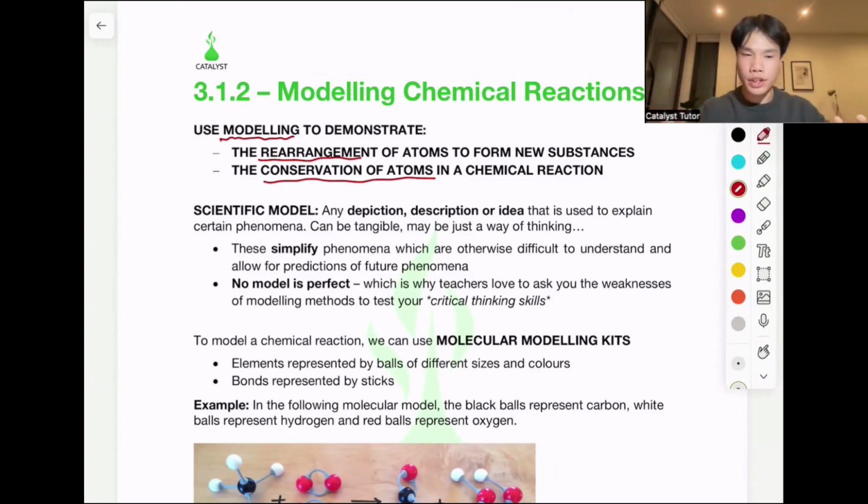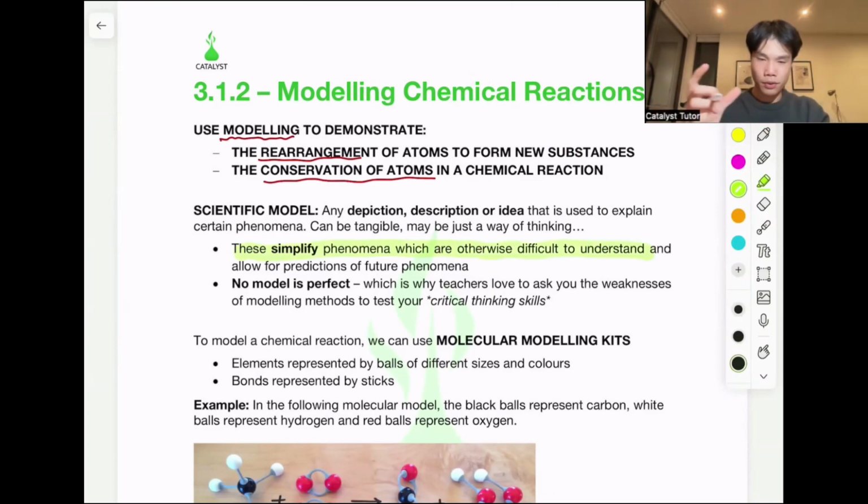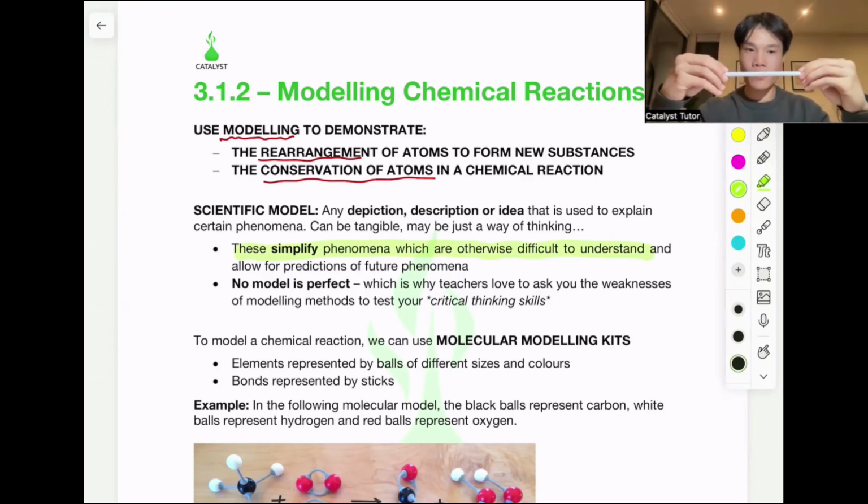Just to be clear on what a scientific model is, it's absolutely anything you want. It could be an idea, it can be a tangible object. The only purpose of a scientific model is to make things easier to understand. So they simplify the phenomena into simpler concepts, just like before, when I was trying to explain how exothermic and endothermic works with a bond.